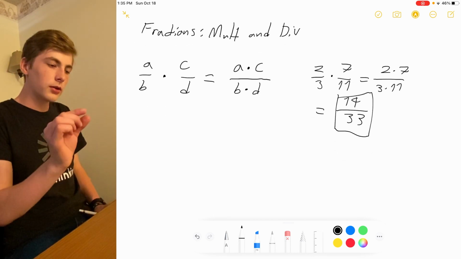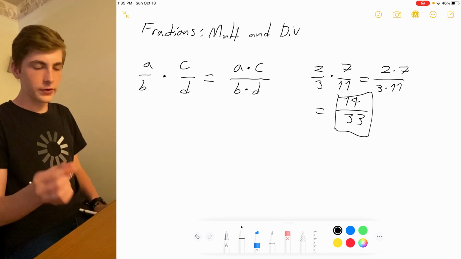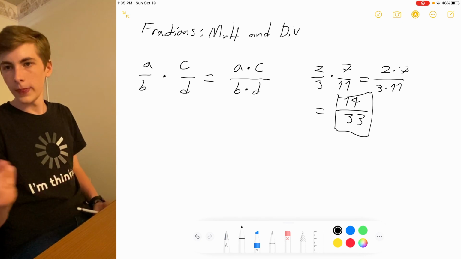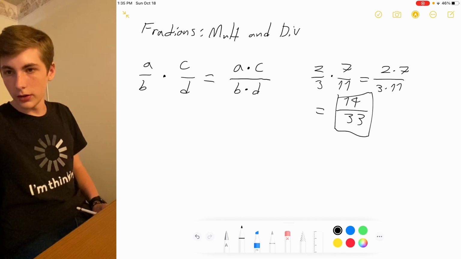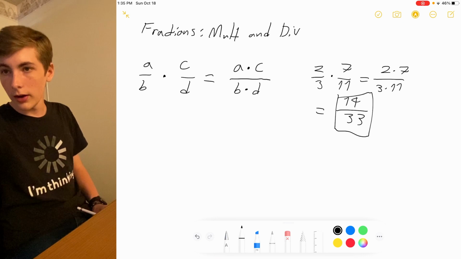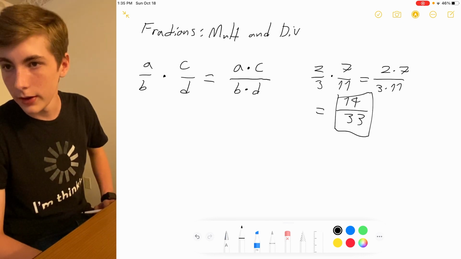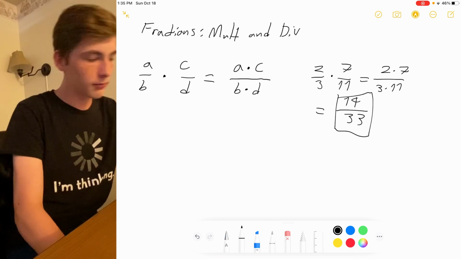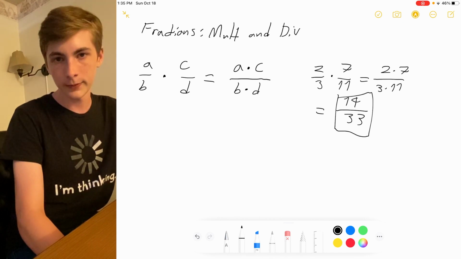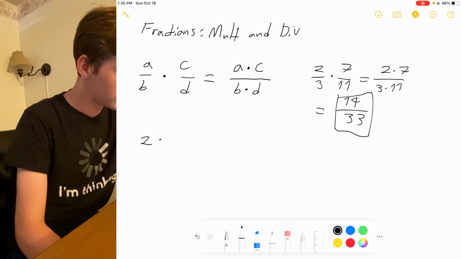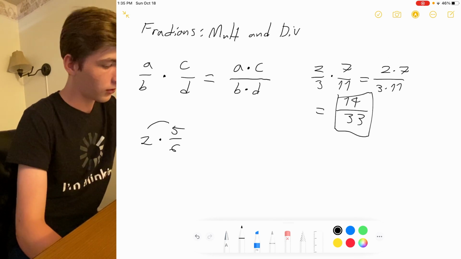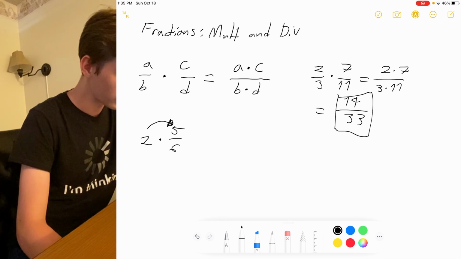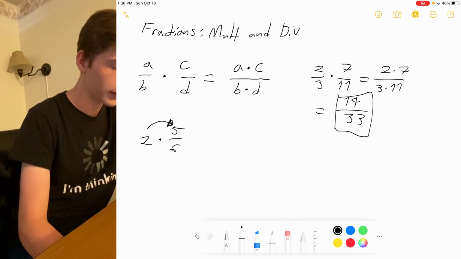It's a little bit different when you're doing division of fractions. But oh, wait a second, this is important. Let's say you're multiplying a fraction by a regular number. For example, if I had 2 times 5/6, this number is always going to multiply the numerator and not the denominator.